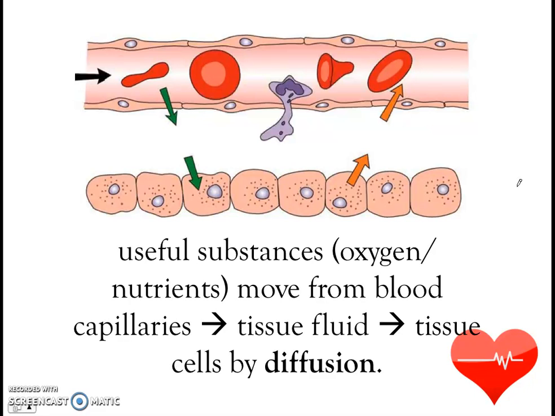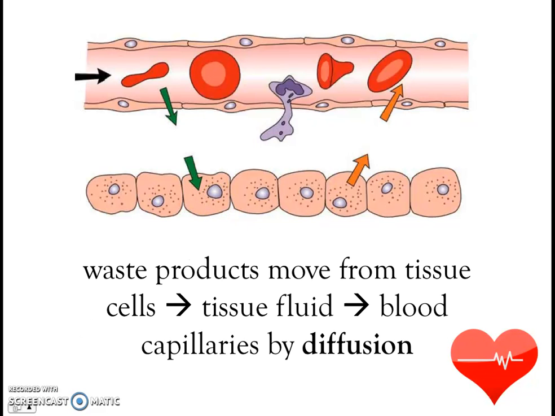Now, useful substances like oxygen and nutrients move from the blood capillaries into the tissue fluid and then into the tissue cells by diffusion. Right? So useful substances diffuse from the blood capillaries out through the endothelium into the tissue fluid and then into the tissue cells by diffusion. So what about waste products?